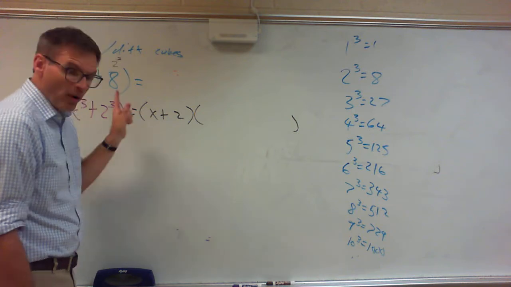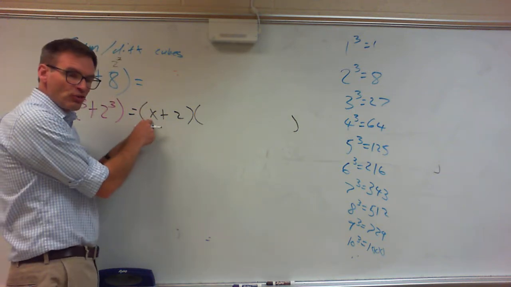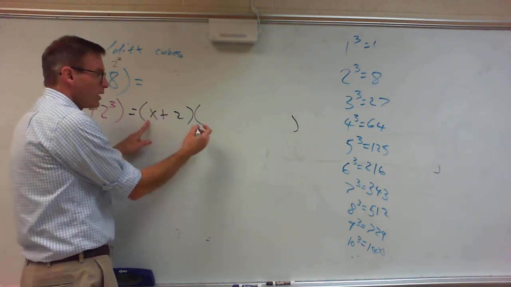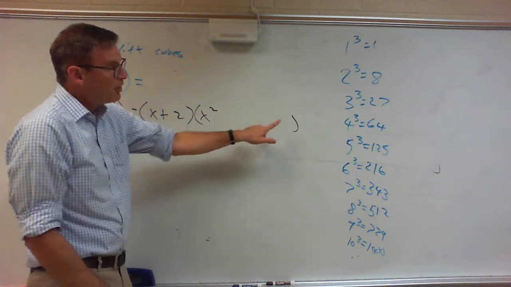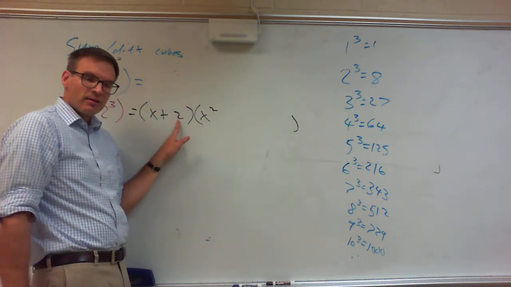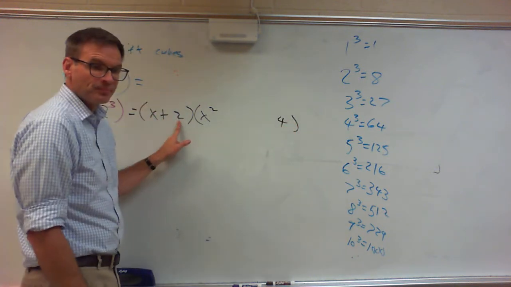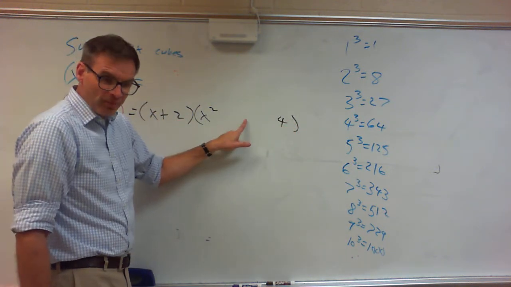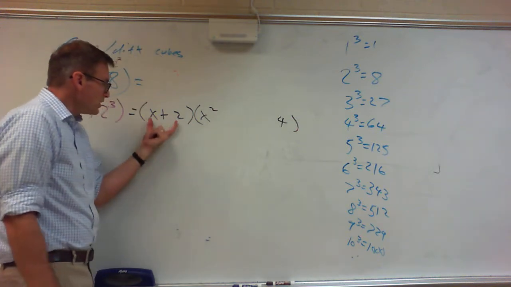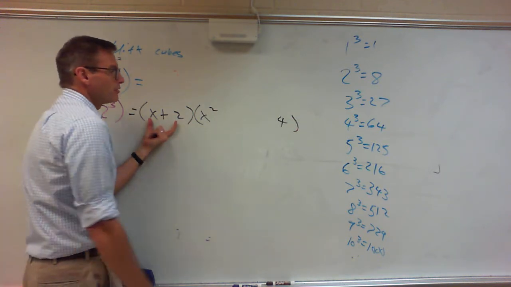How we get the 3-part thing is you take this first term and you square it. So x squared gives me x squared. How you get the last term is you take the second part and you square it. It's going to give me 4. How we get the middle term of our 3-part thing is we take these 2 terms and we multiply them together.